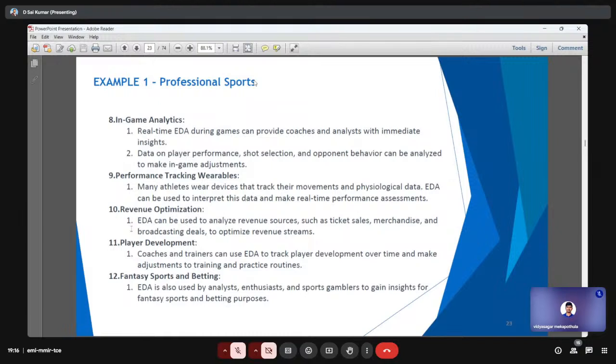Even with respect to any sport, revenue optimization is another thing, with respect to ticket sales, merchandise, broadcasting deals, and so on. So these are the different fields where we can apply exploratory data analysis. That is how the sports example uses the concept of EDA in order to analyze.